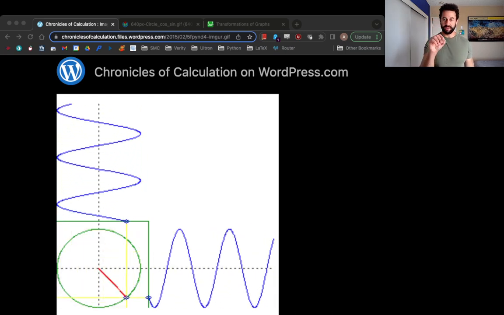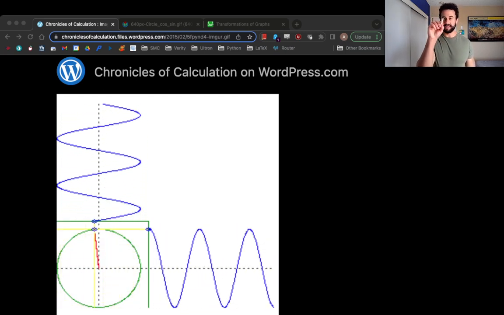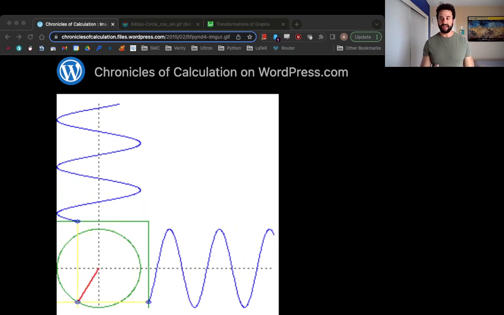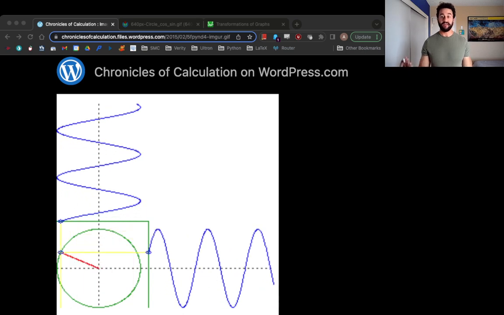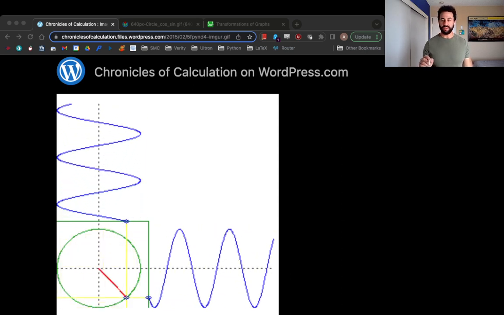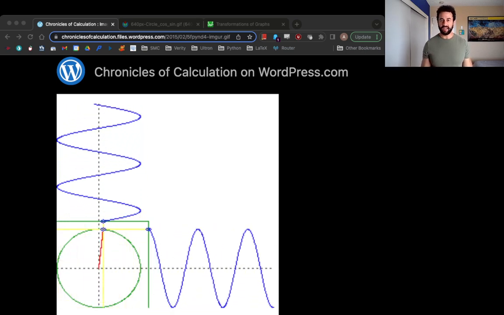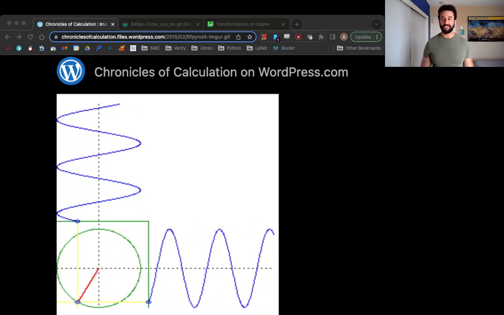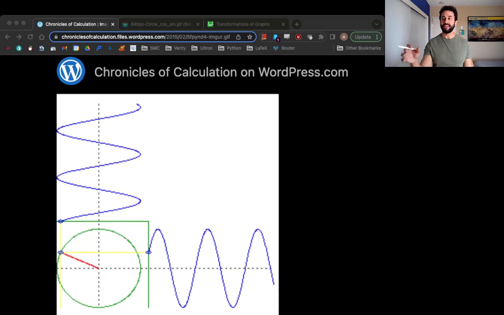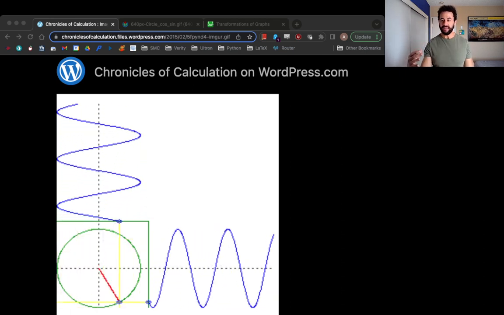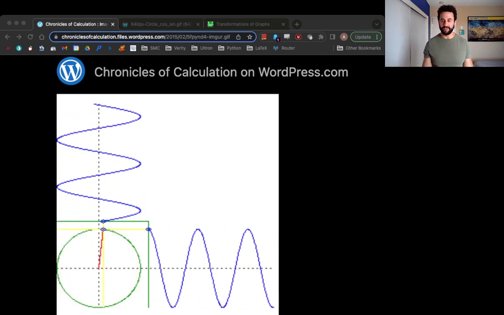It goes up and down and up and down. And we're tracing out that vertical displacement as time goes on, or as theta goes on. So that lower graph is a sine curve, and that's how the graph is generated, which is pretty amazing. If you can make sense of the unit circle, these graphs just fall right out of it.